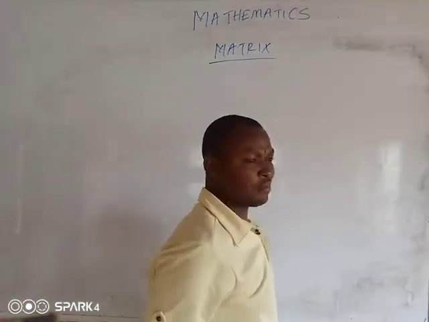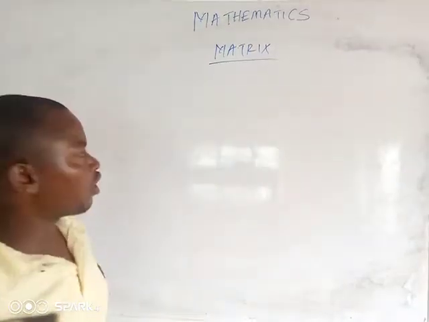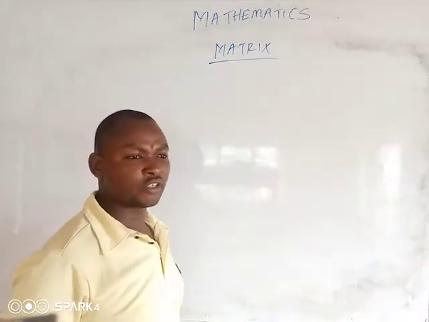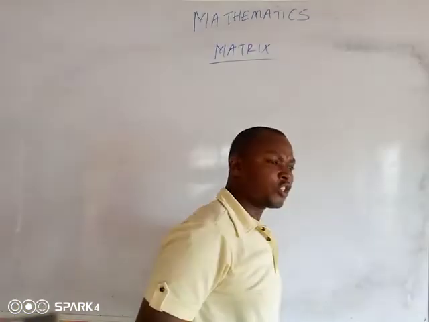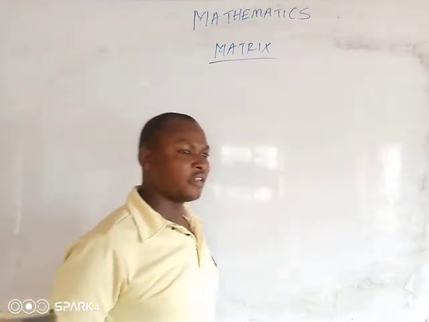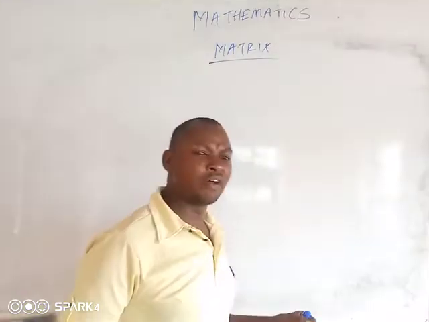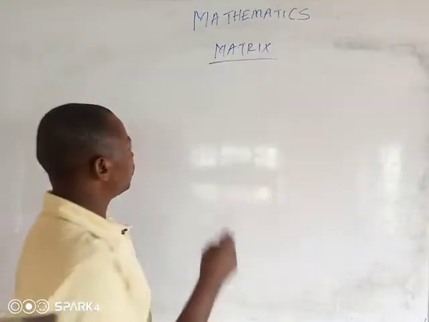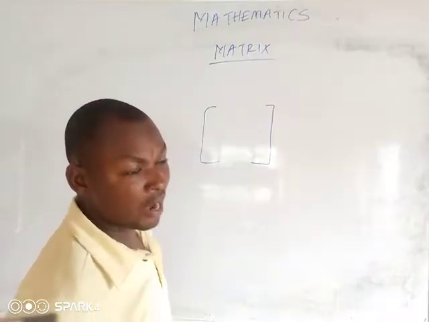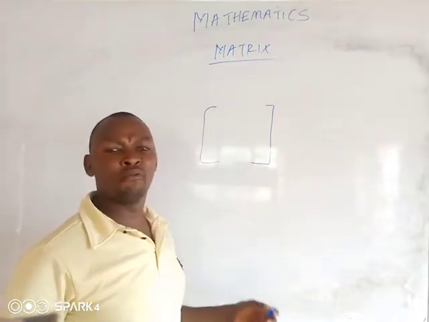Apart from identity or unit matrix, we can have a matrix that is called a diagonal matrix. A diagonal matrix is a matrix in which the leading diagonals have elements that are not 0, while elsewhere we have 0. It's different from a unit matrix because the leading diagonal can be more than 1.